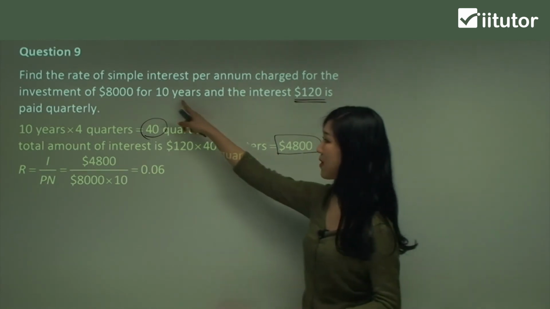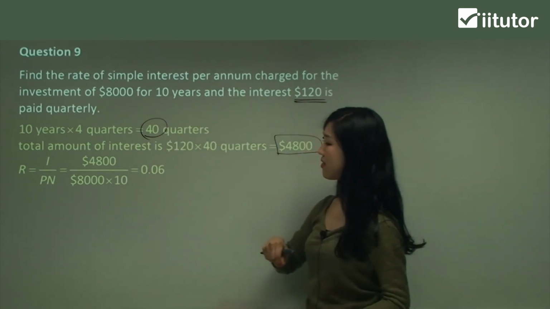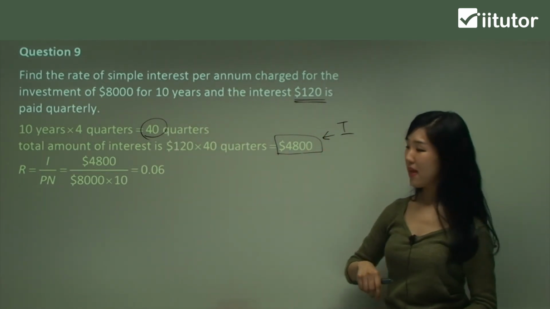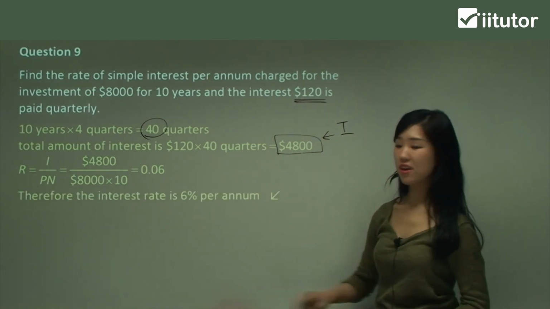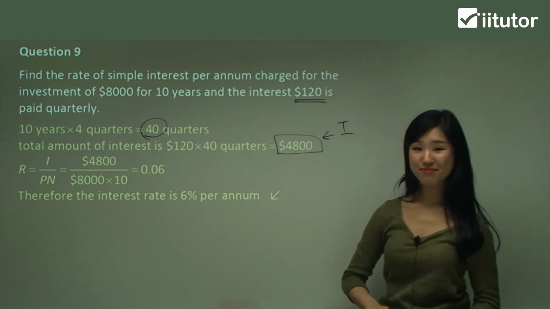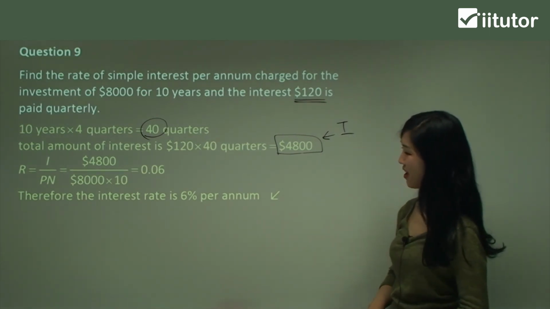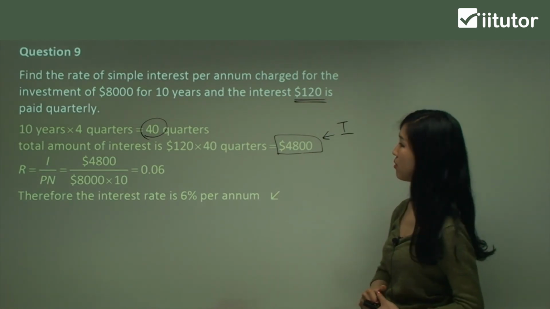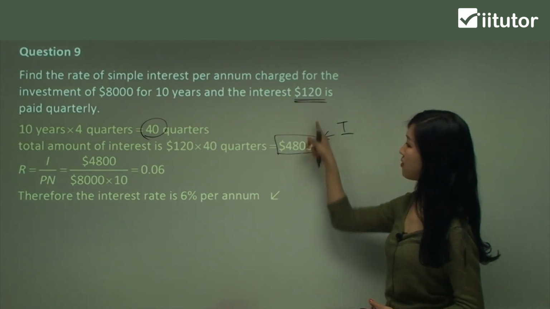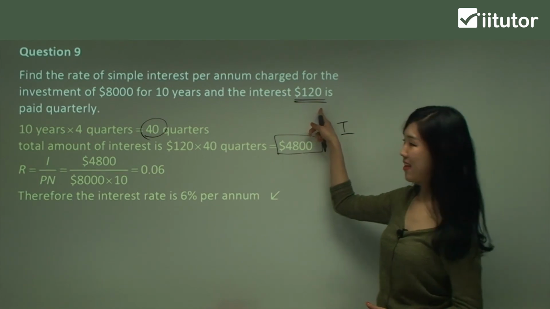So it's a good idea to keep that as it is. And just calculate that, you should get 0.06. And I want a percentage form of the rate, so just times it by 100, you should get 6% per annum. Okay, so have a look at that. This one was a little bit of a different type of question. It was a little bit more complex because of the interest. Alright, so that was how to find the rate.